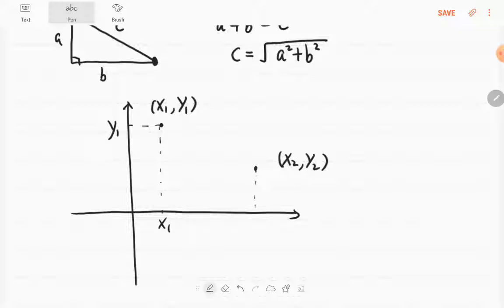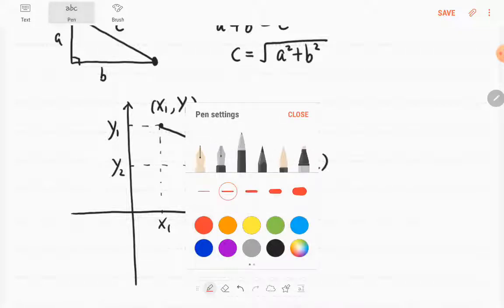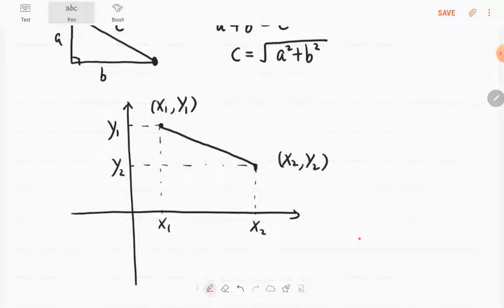This is x2, and here is y2. So we want to find the distance between these 2 points. We notice that we have a right triangle, which is given by this one.